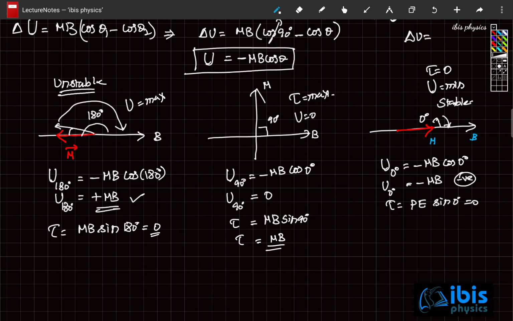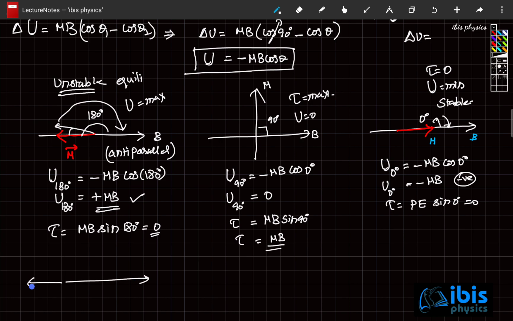When the dipole is anti-parallel to the magnetic field, its energy is maximum, hence it is an unstable equilibrium. What is unstable equilibrium? When you slightly disturb the system, it will go into a new position or new configuration.